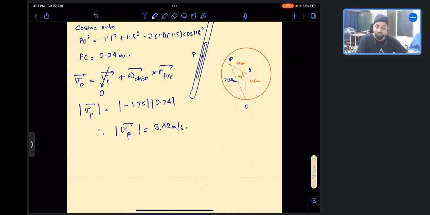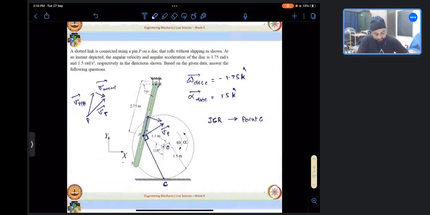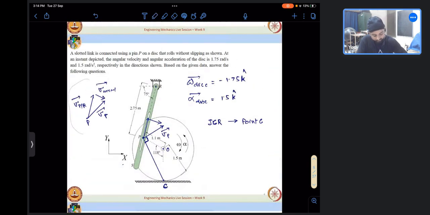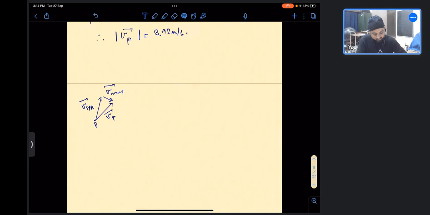Now that we know this, using this velocity triangle we can solve for the unknown velocities. Let us call this angle delta.